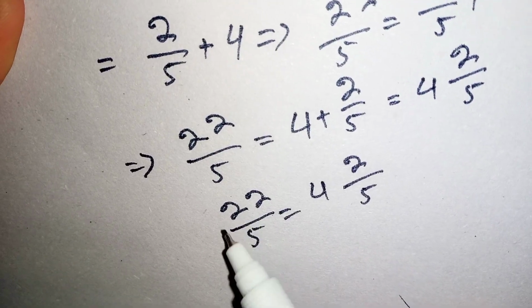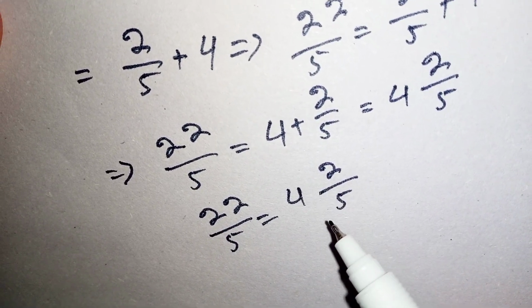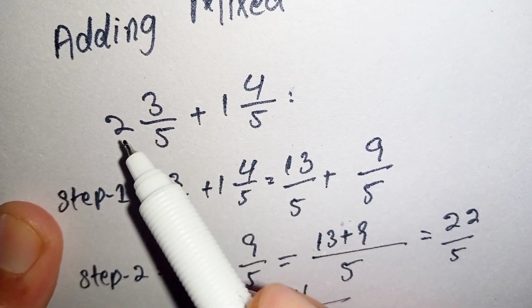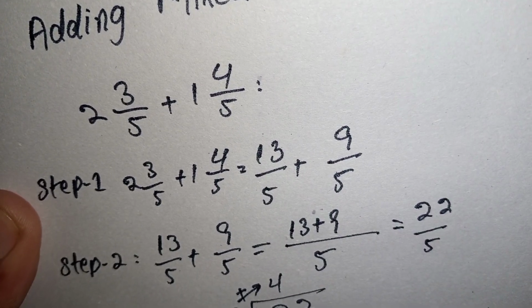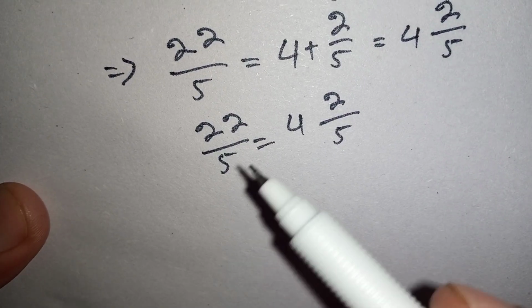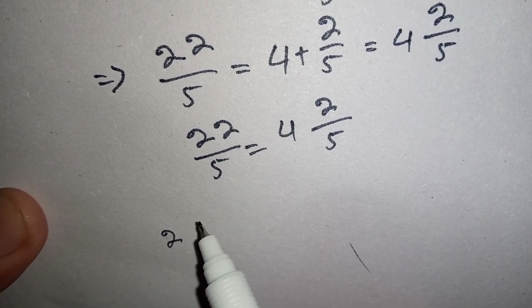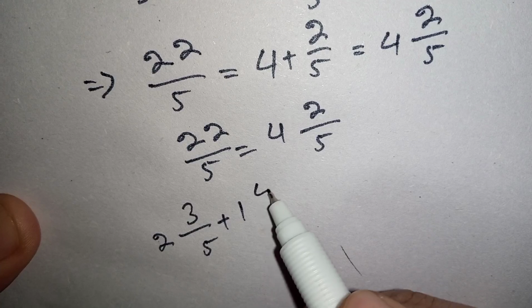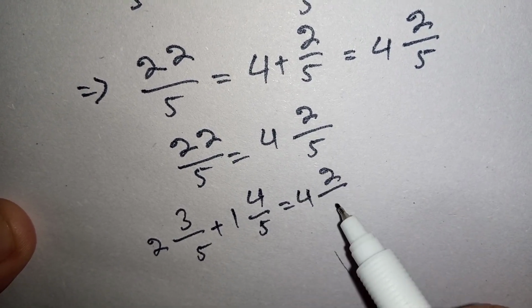But here we see that this is the improper fraction form and this is the mixed number form. And we have added the mixed numbers 2 and 3 over 5 plus 1 and 4 over 5. So we will write 2 and 3 over 5 plus 1 and 4 over 5 is equal to 4 and 2 over 5.